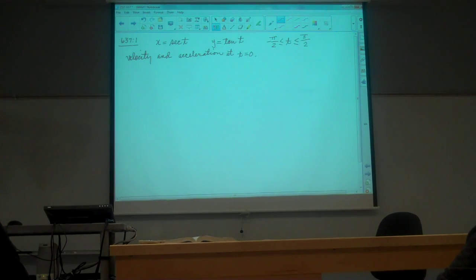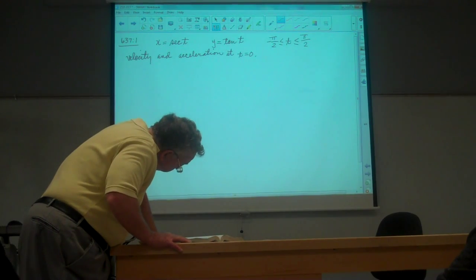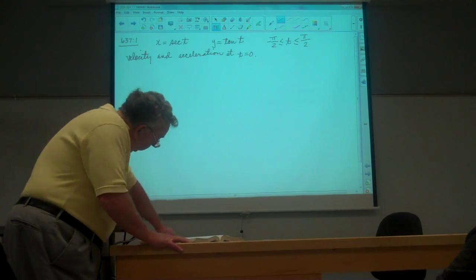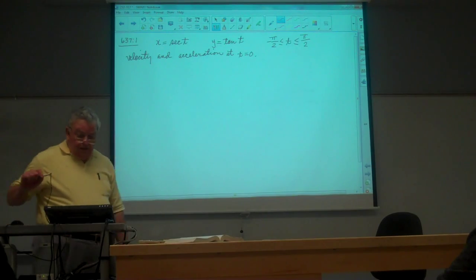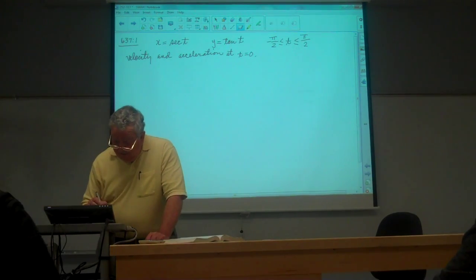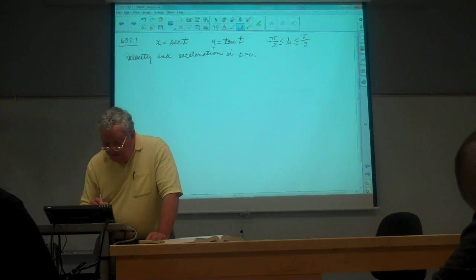First thing you look at is you look to see, I don't think that's in the book, is it? I don't think they asked that. They asked to find the tangent of the curve. Okay. Let's stick with that example. It's the same thing. Isn't the tangent of the curve the same thing as the velocity?